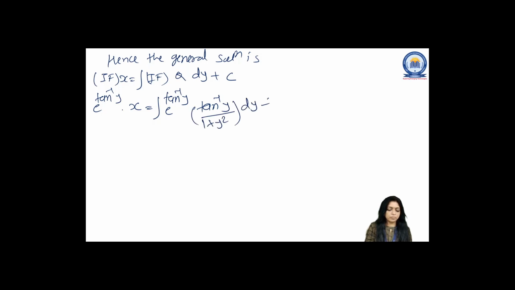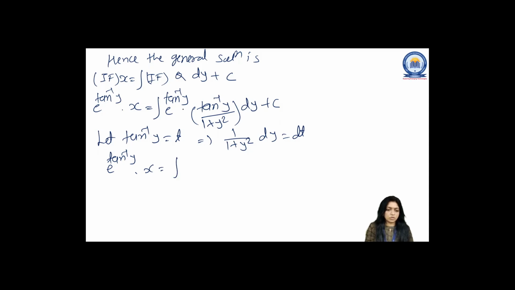into dy plus c. So for the integration of the right hand side, let tan inverse y equal t. So 1 upon 1 plus y square dy is dt, right? So here e raised to tan inverse y, left hand side keep it the same, equals integration of e raised to t into t dt plus c.